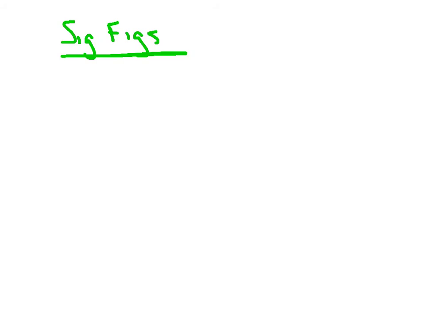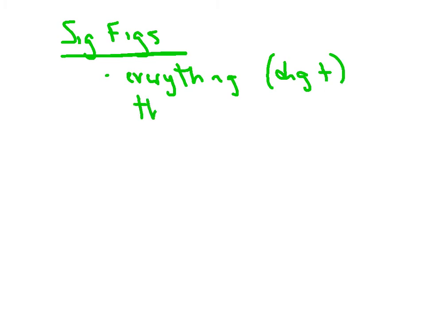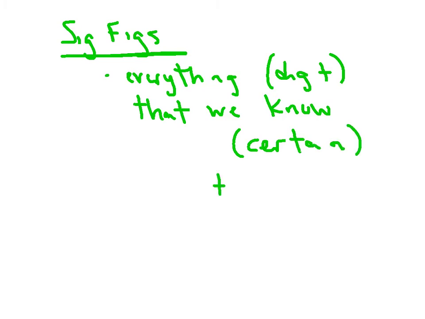So significant figures include everything, or every digit or number, everything that we know and we are certain of, plus it includes one uncertain number. So on the next slide, I'll give you a number of examples of significant figures and talk about some of the rules.